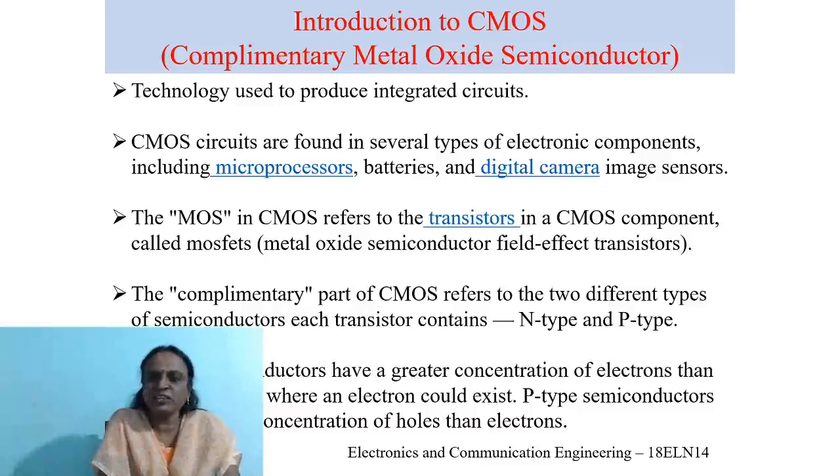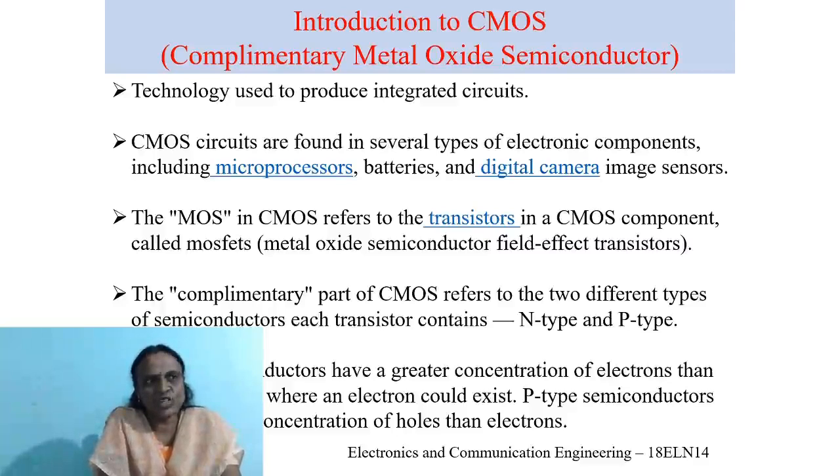Previously, they were using aluminium, and that time the name came into picture as metal. Next, they moved on from aluminium metal to polysilicon. Hence, the metal part is quite misleading. Why is it called metal oxide? You may be wondering that. It is because of this conductivity material.